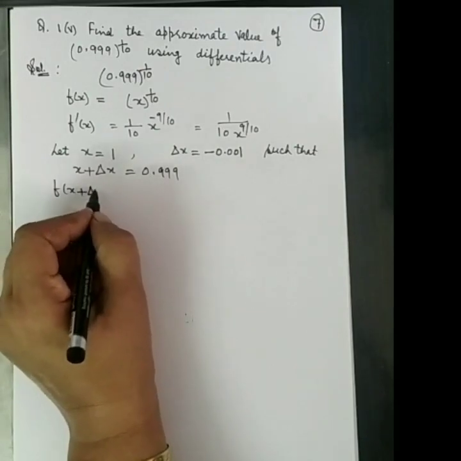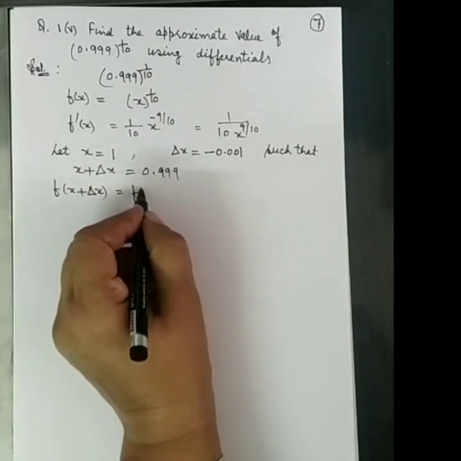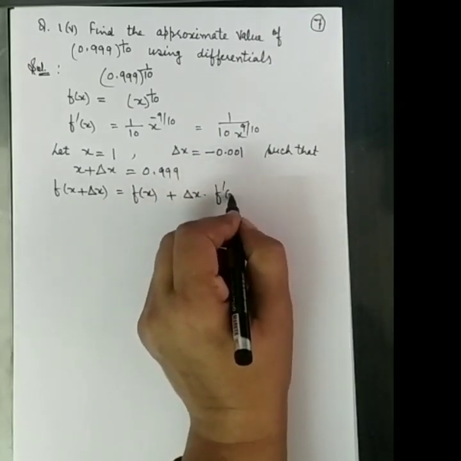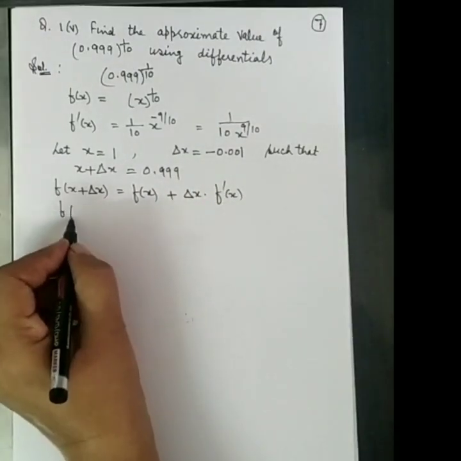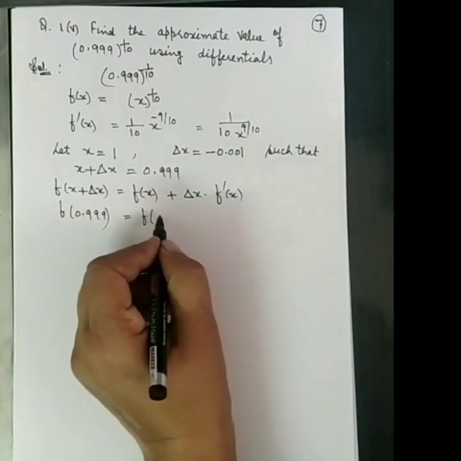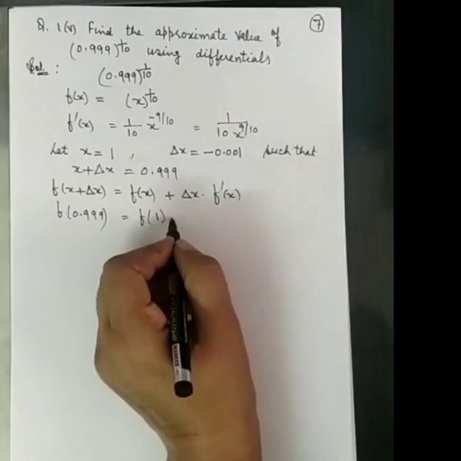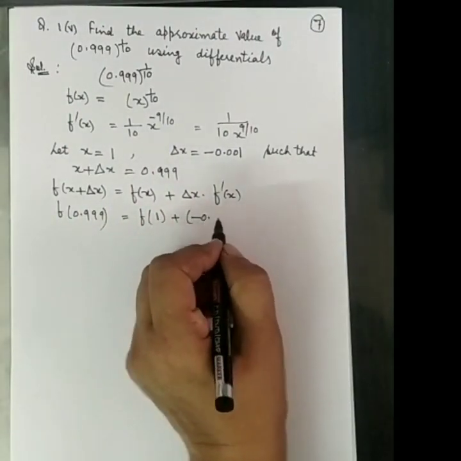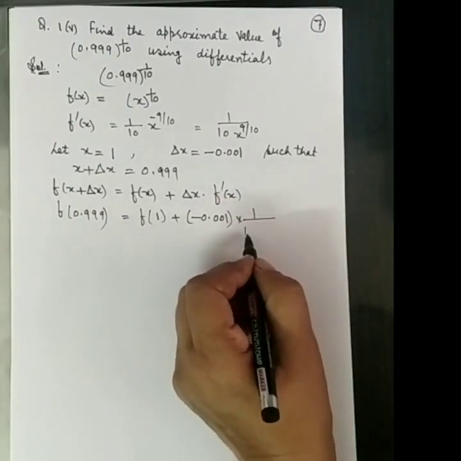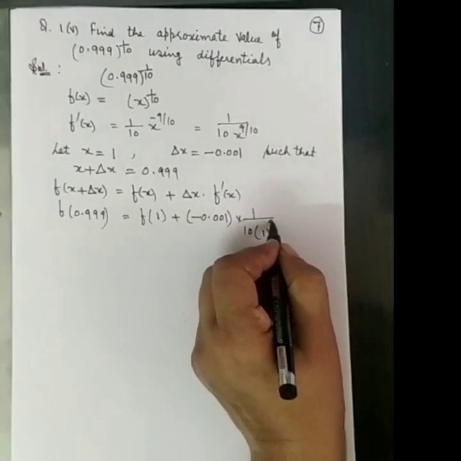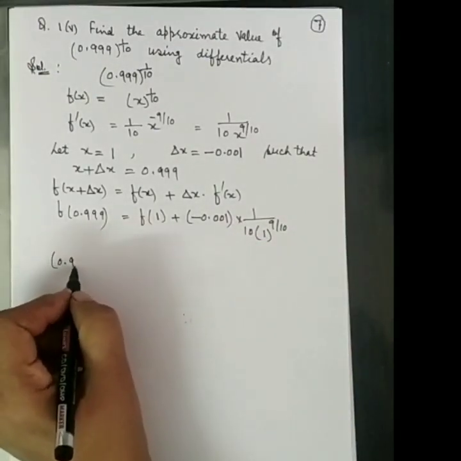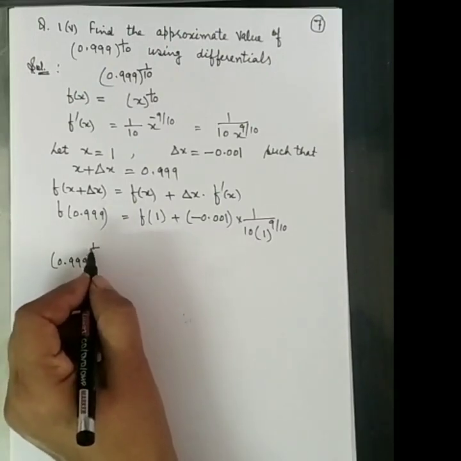f of x plus delta x is equal to f of x plus delta x into f dash x. So f of 0.999 is equal to f of 1 plus delta x, which is negative, minus 0.001 into 1 upon 10, 1 to power 9 by 10. So it is 0.999 to power 1 upon 10.